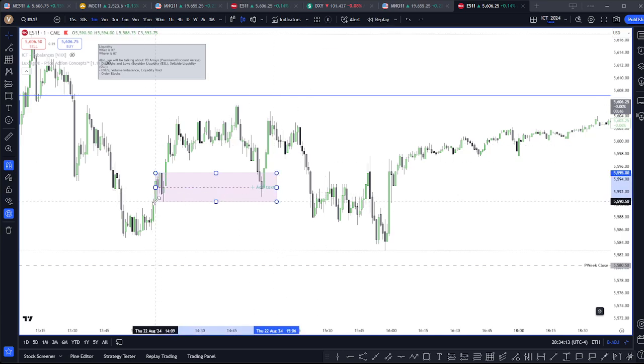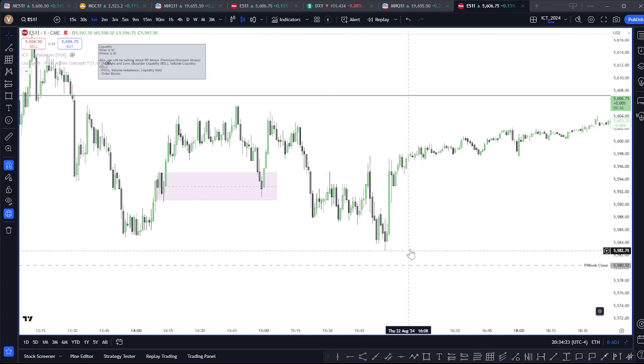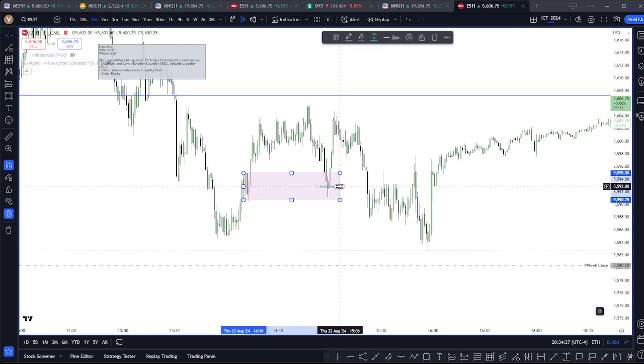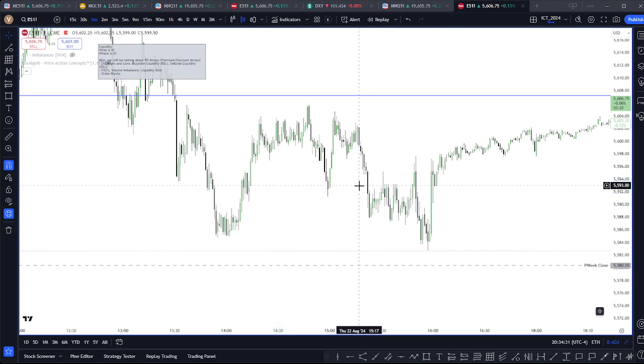In this case, you have to include this candle also because the whole thing becomes enveloped. So it came all the way here, then again went up, and then it failed and came down. But it would give that order block shape only, right?